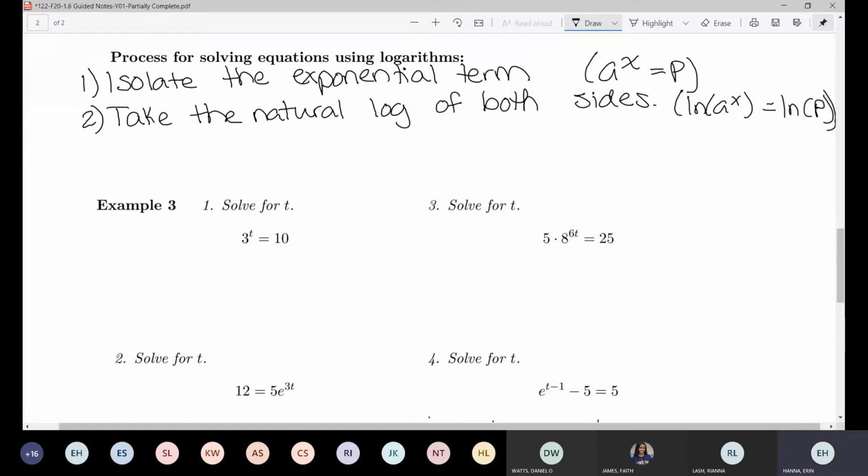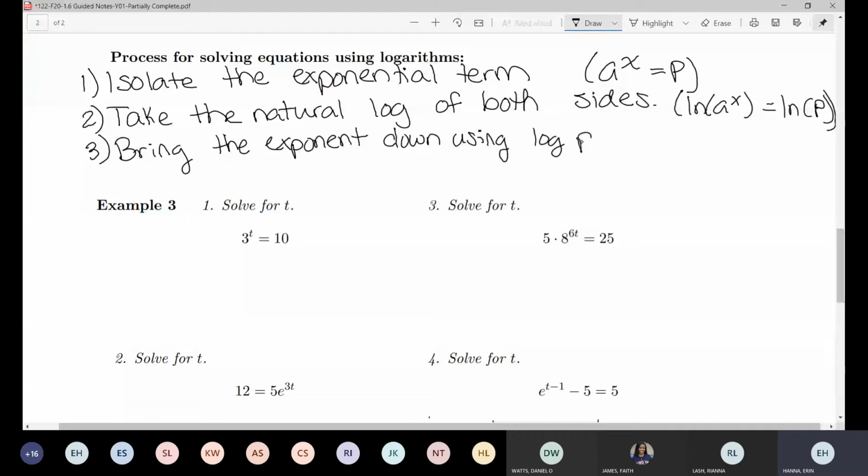Once again, I think I said this before, if you know how to work with other log bases and you want to use other log bases, go right ahead. You're going to bring the power down. I'm going to say exponent, actually, because sometimes it's more than just a number power, and you usually want to take the whole entire thing out. So bring the exponent down using log properties.